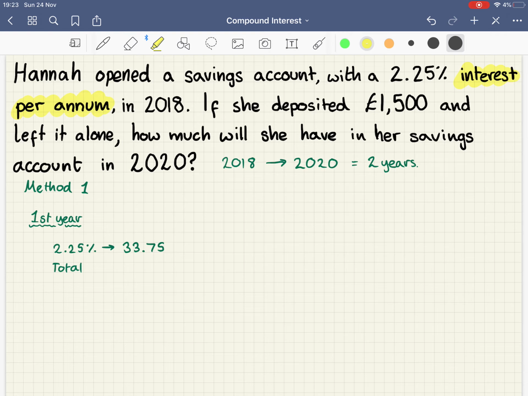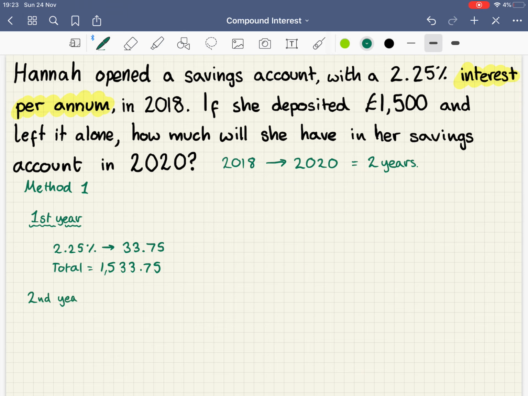And even think about it in context. Would you put money into a bank if it meant you were losing money? No, you wouldn't. It has to be increasing. So you'll be adding in this time to give you £1,533.75.